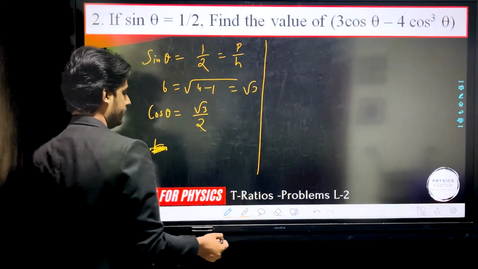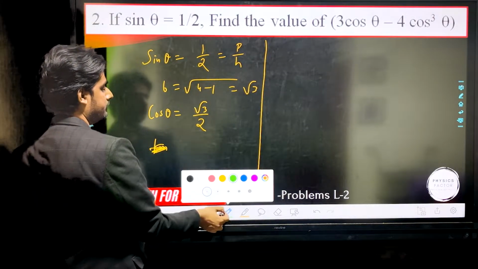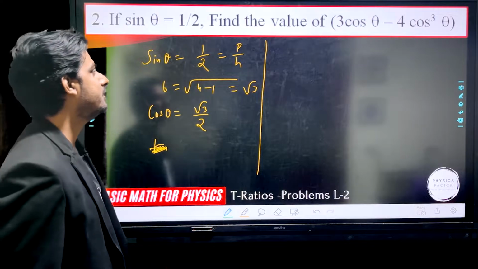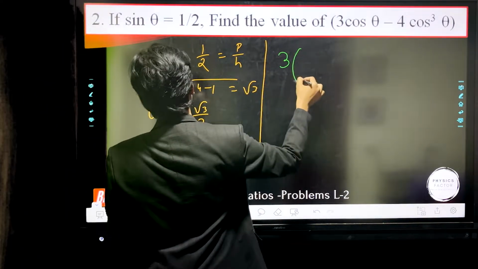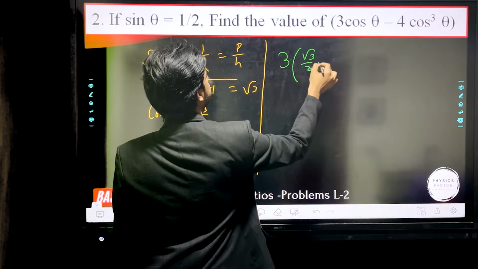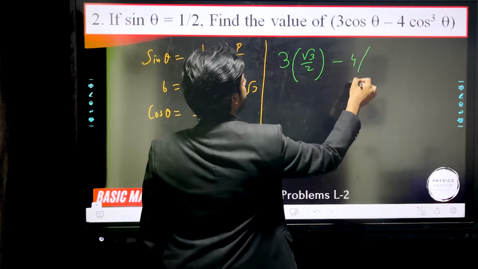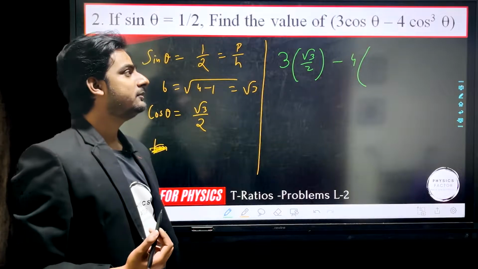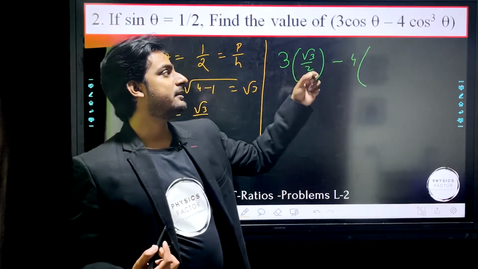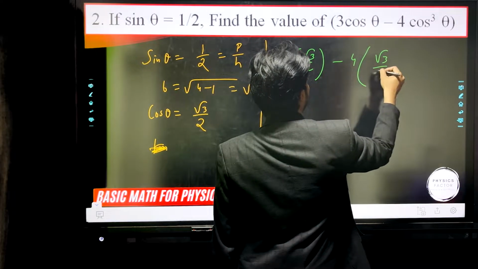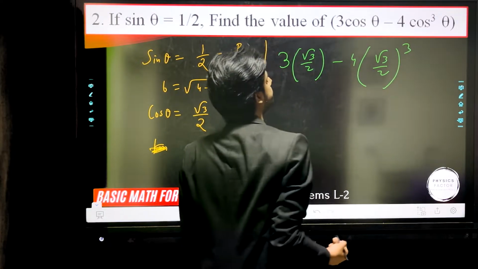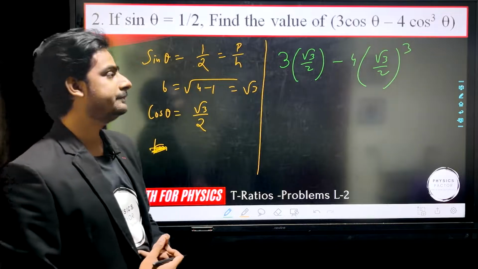Now let's find out the values. Okay, we need only cos theta. So 3 cos theta, which is root 3 by 2, minus 4 cos cube theta. So that is power 3 on the cos theta, which is root 3 upon 2 whole power cube. So this we need to simplify.